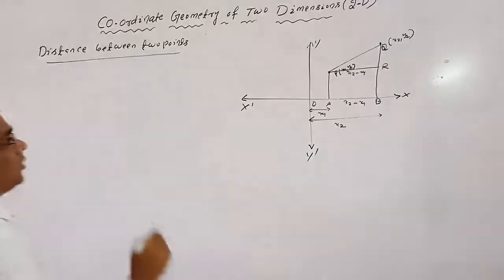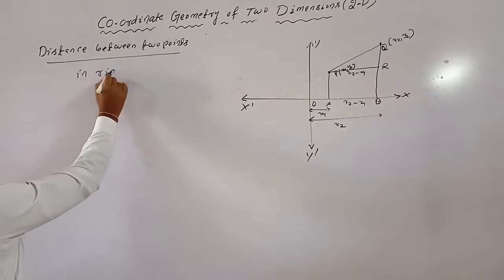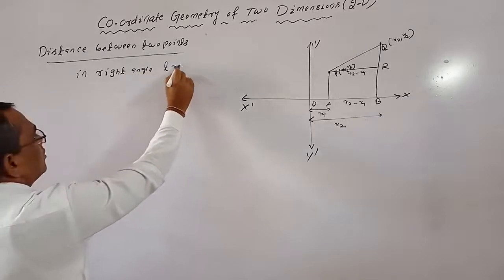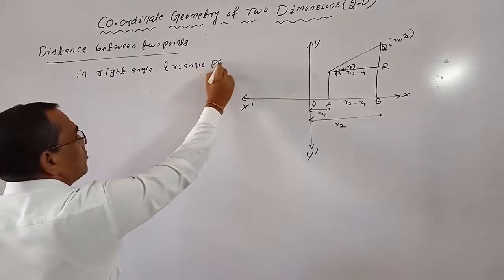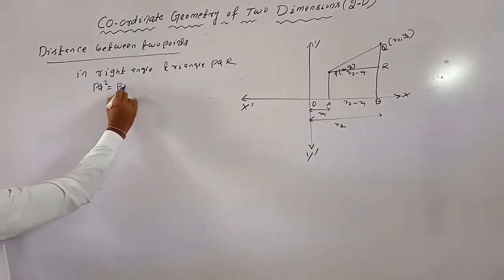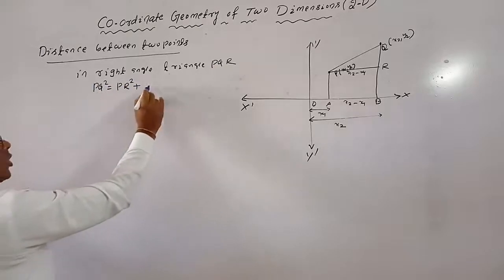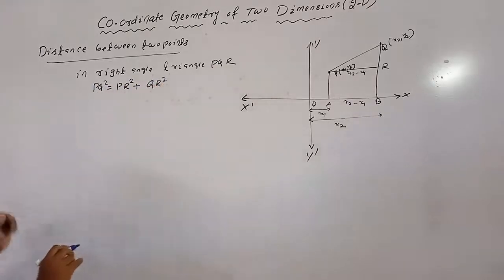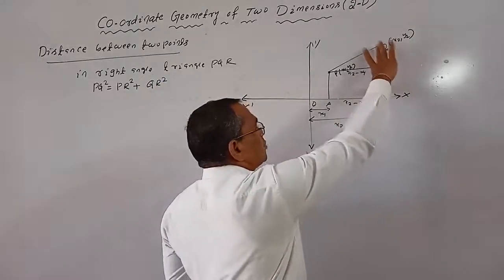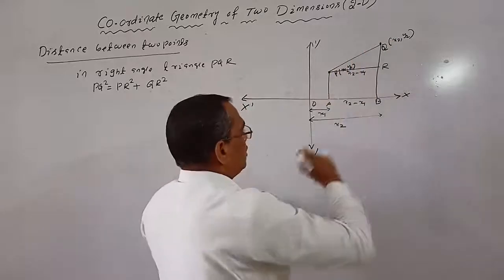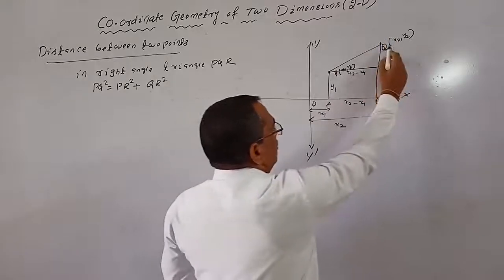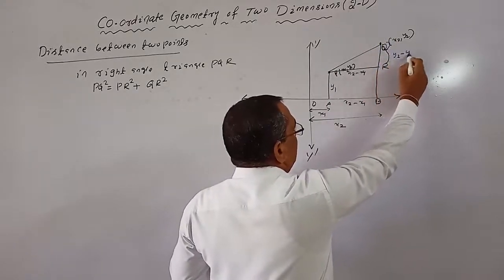So in the right angle triangle PQR, PQ square equals PR square plus QR square. So PR equals x2 minus x1, and QB is y2, and PA is y1. So this distance is y2 minus y1.